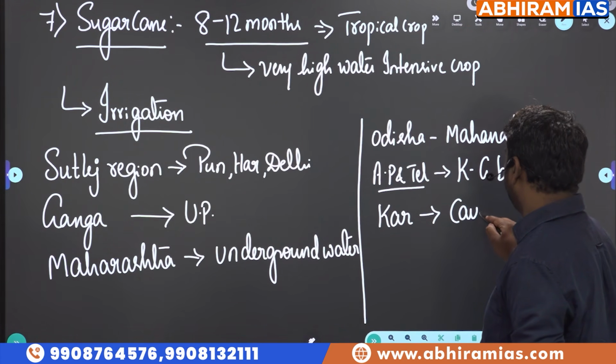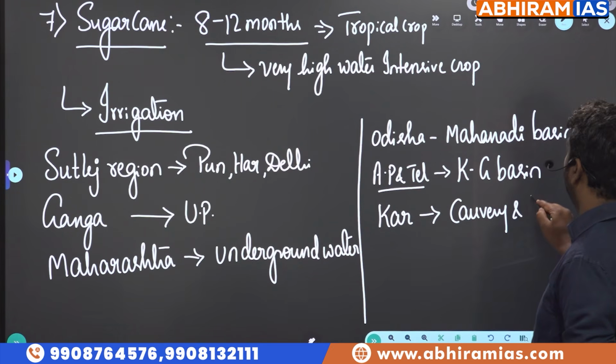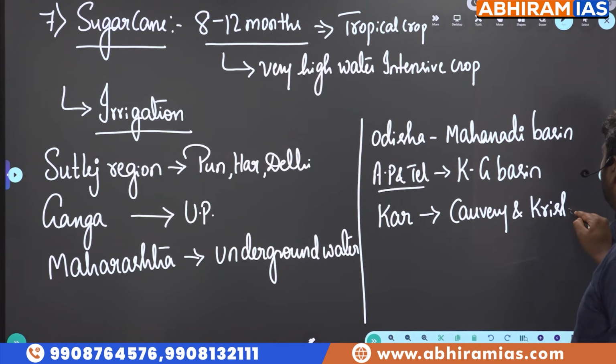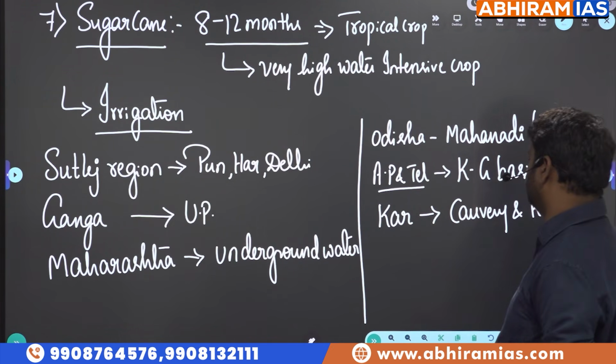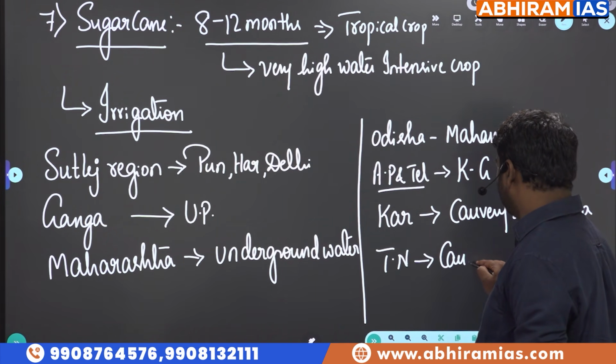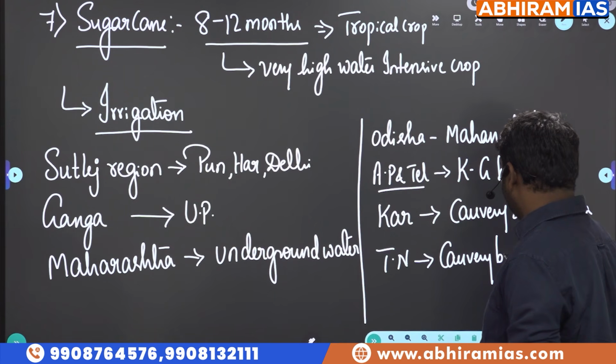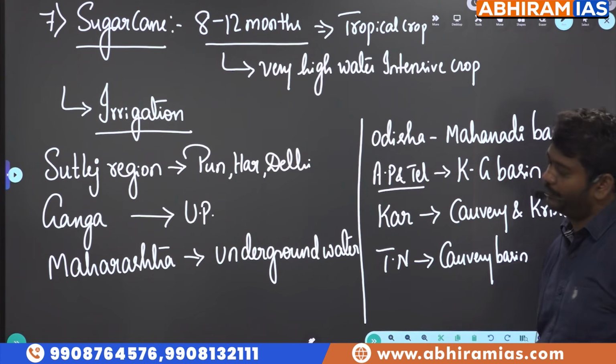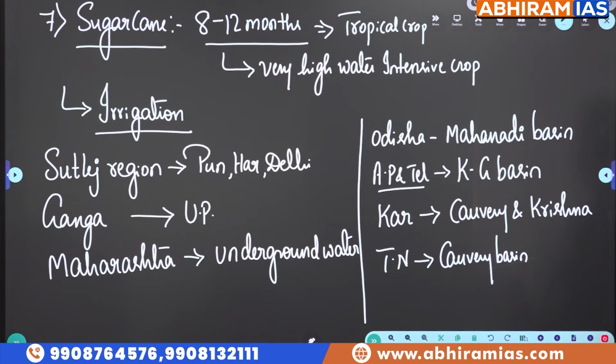Karnataka, Kaveri and Krishna basin. Tamil Nadu, Kaveri basin. Anywhere you see rivers, sugarcane can be cultivated. Okay. So without that, sugarcane won't come. Fine.